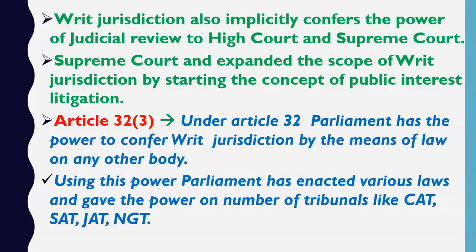Now friends, what is Article 21? Article 21 says that no person shall be deprived of his life or personal liberty except according to the procedure established by law. So according to Article 21, Pappu also should not be deprived of his personal liberty. And if police want to deprive Pappu of his personal liberty, then police can do so only according to the procedure established by law.